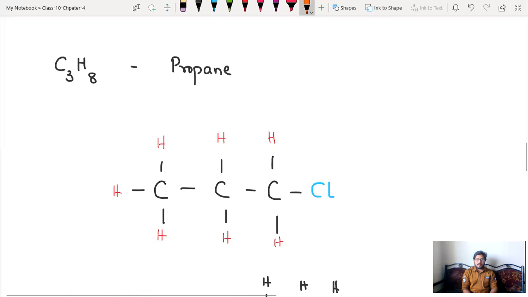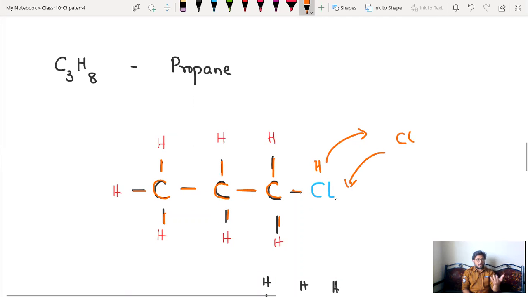If you have carbon 1, 2, 3 carbons with all single bonds, I told you it is applicable for alkanes. 1, 2, 3, 4, 5, 6, 7, 8 hydrogens we can mention, and here hydrogen can be removed and chlorine can be added.